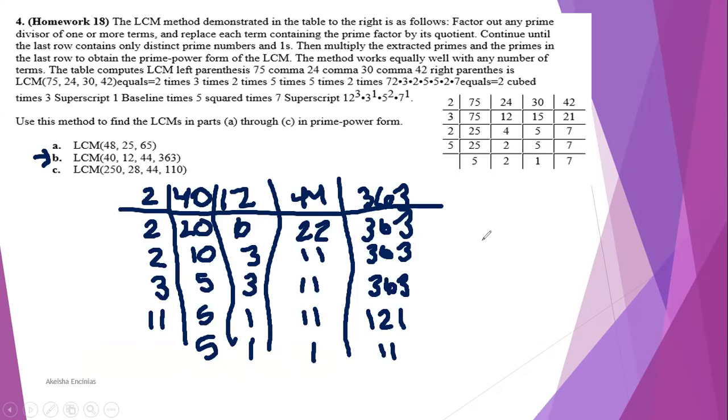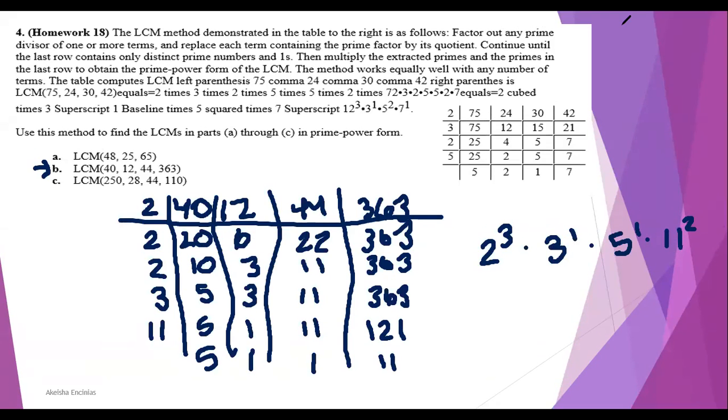So we're going to have the answer of 2 cubed times 3 to the first power times 5 to the first power times 11 squared. And this will be a little easier if you get your handy dandy calculator.